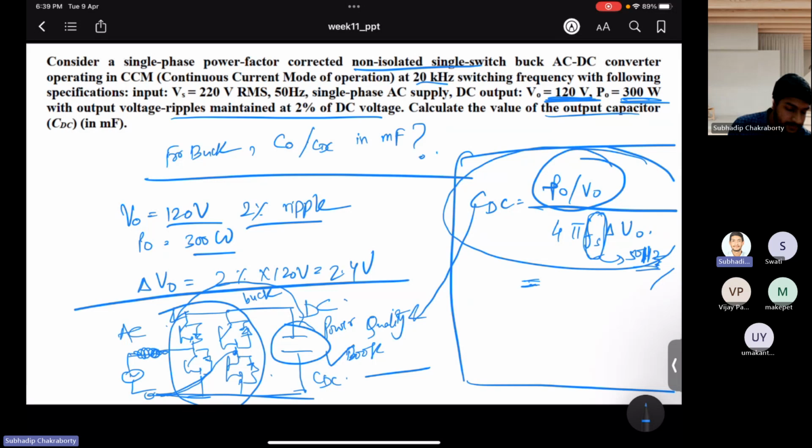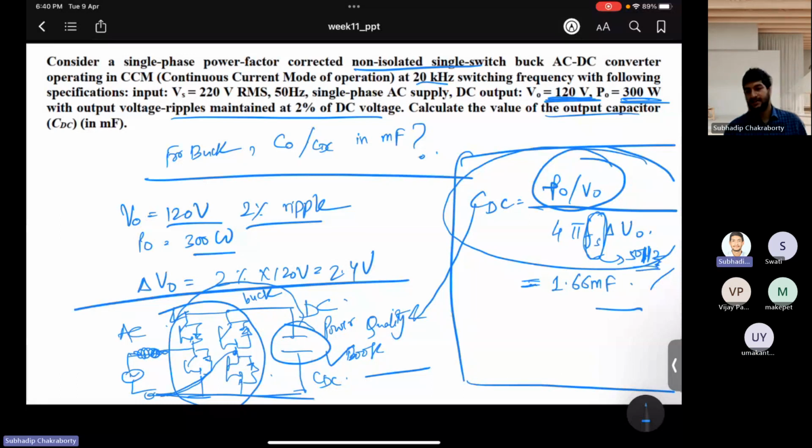Just let me know the value. No, you need to find the capacitor value, right? What is coming? Capacitance value, in farads or millifarads, you tell me. 1.65 millifarad. 1.66 millifarad. Right.